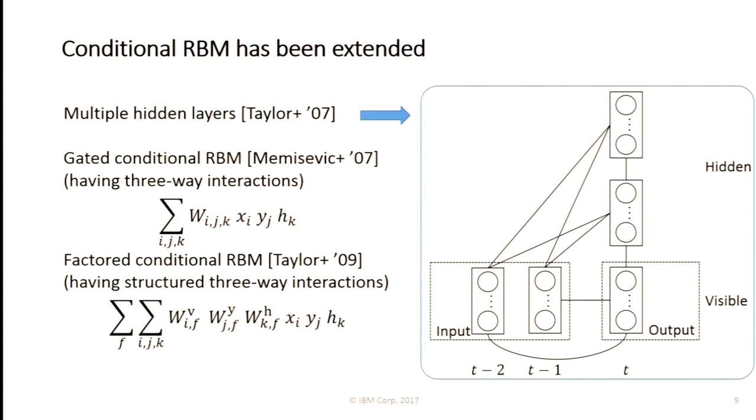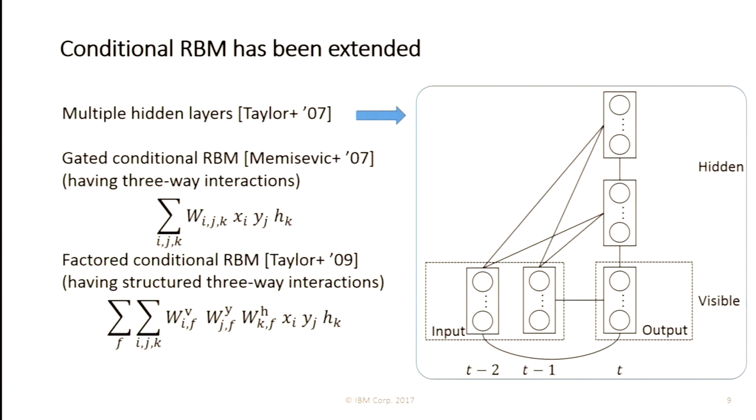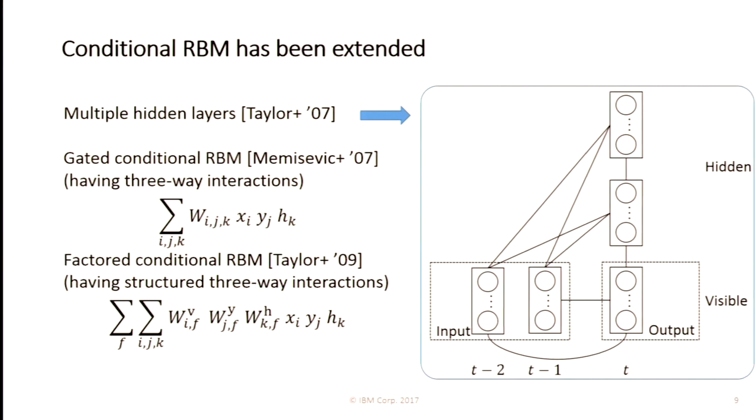This W_ijk can also depend on F, where F, in the case of human motion modeling, can represent what motions you are learning. Maybe walking, running, or doing some other activities.